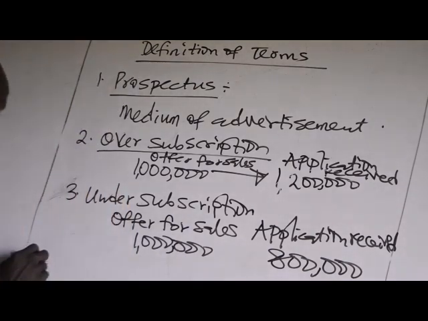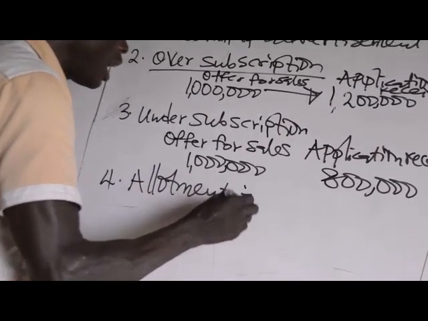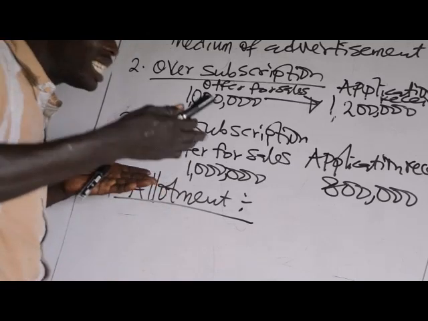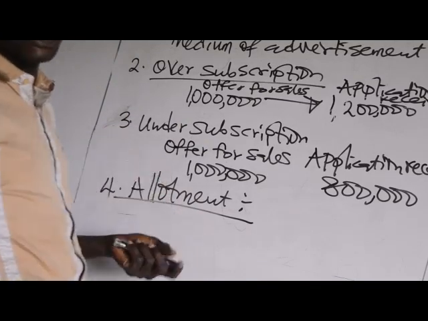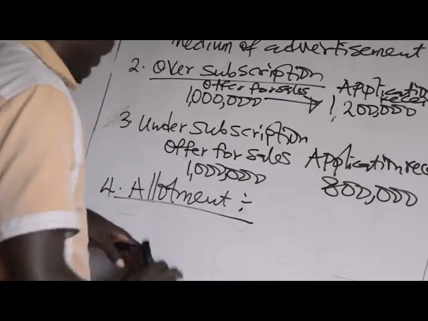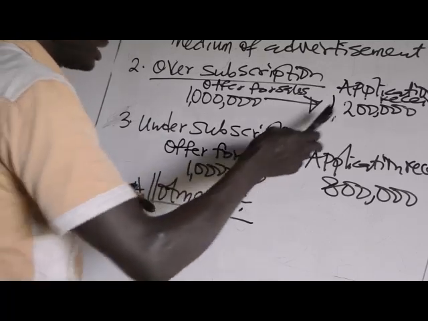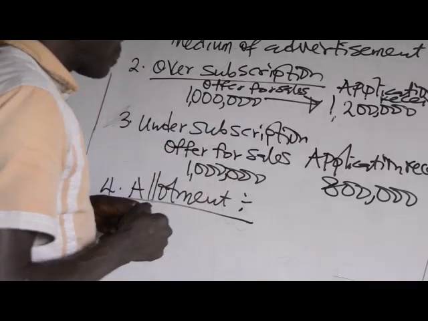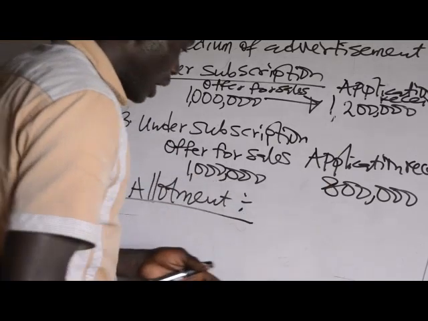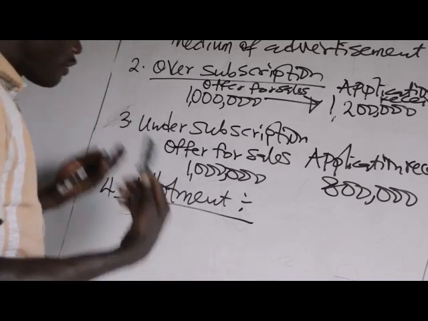Number four term I'm going to look at is allotment. Allotment is a process by which shares are distributed among the applicants. In the case of oversubscription, those that applied for 100,000 shares may be given 90,000 shares, and those that applied for 150,000 shares may be given 140,000 shares.